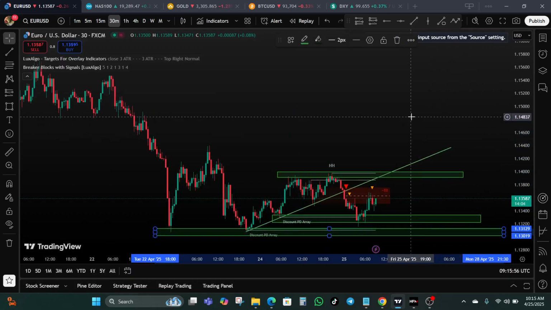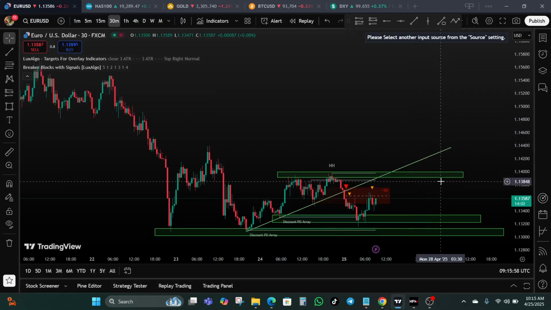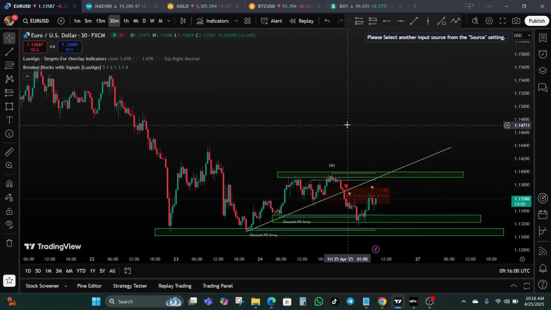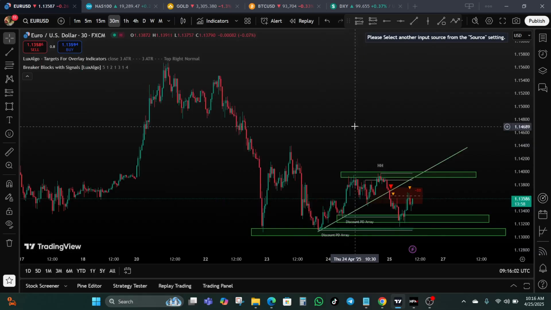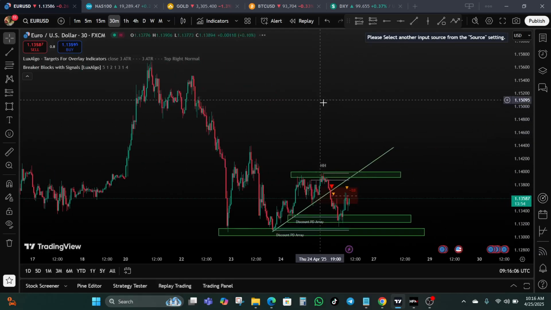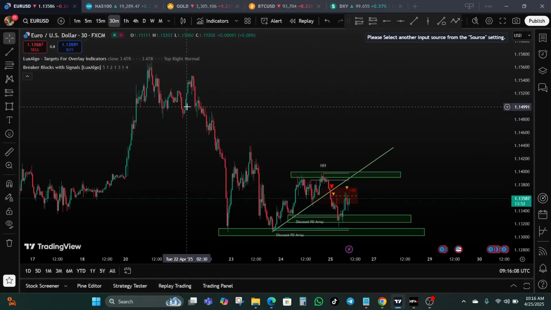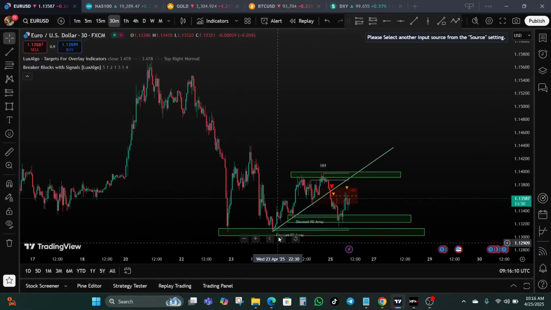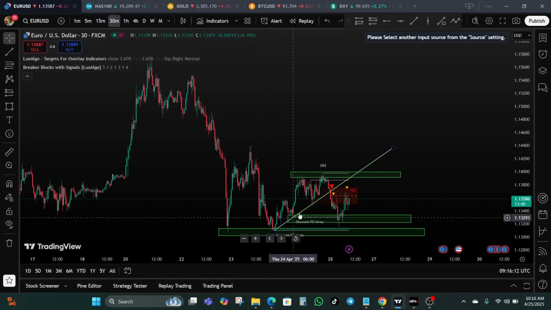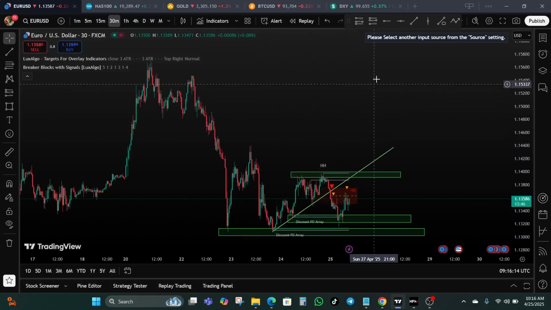Now, reversal zones are areas that show potential turning points. We have discussed the difference between pullbacks, retracements, and reversals in a previous video. You might want to check that out. Reversals basically indicate turning points, when a bearish trend turns into a bullish trend, or when a bullish trend turns into a bearish trend.